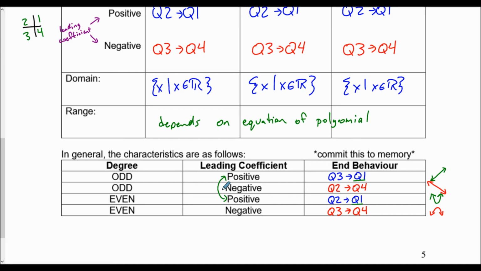The exact opposite is also true. Negative polynomials end in quadrant 4. They always end down. So negative ends down, positive ends up. Another way of dealing with it.